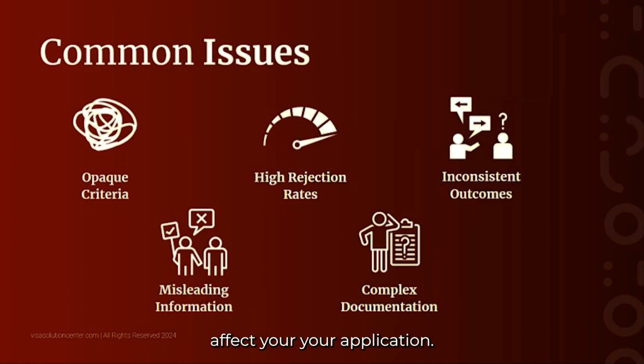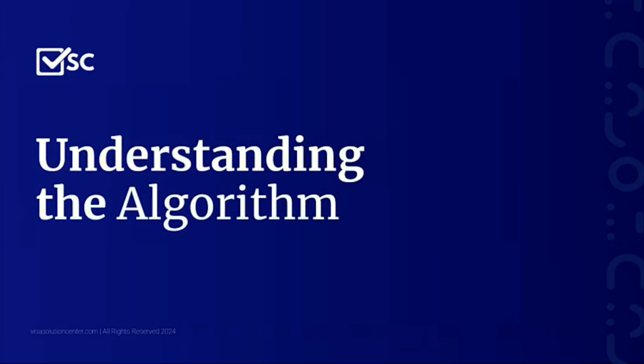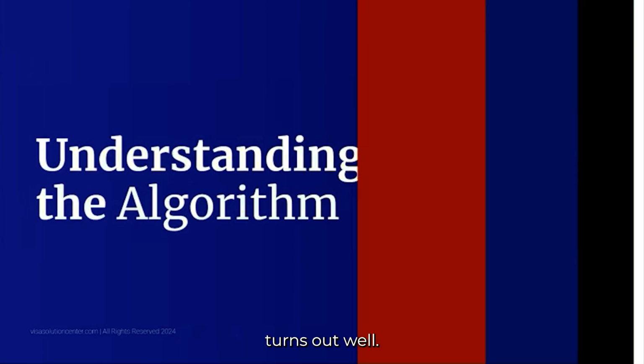Okay, now how can we make sure that we don't fall into this denial hole, because it does affect you profoundly once you get denied? Well, first, we've got to understand what the criteria are in general terms, what the algorithm is, and start understanding how we can interact with it to make sure that everything turns out well.